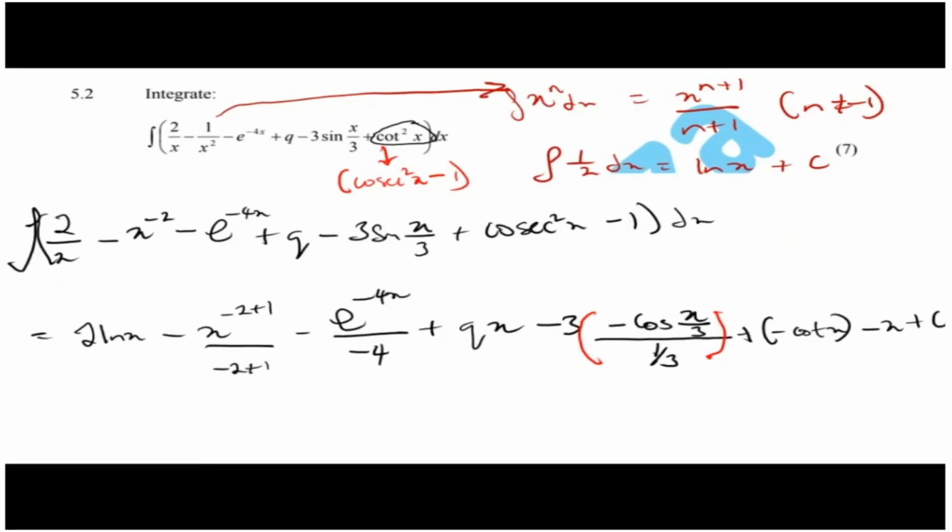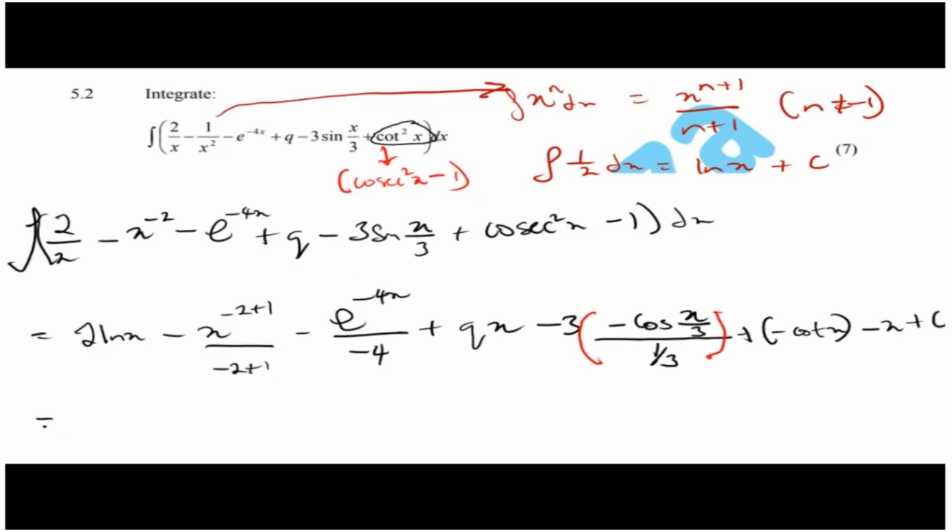So when you have cot squared or tan squared, you are supposed to use the identity for both of them. I can write it as a separate rule just so that you guys have it. So if you are supposed to integrate cot squared or tan squared, you apply your identity. So that's our final answer.